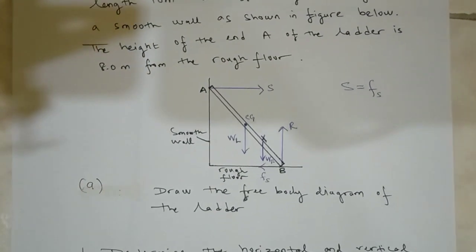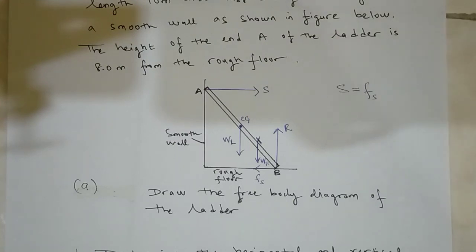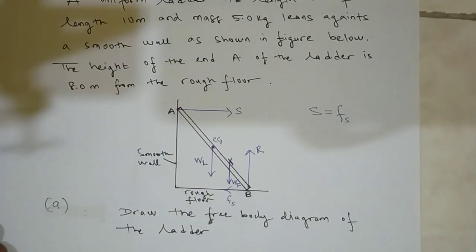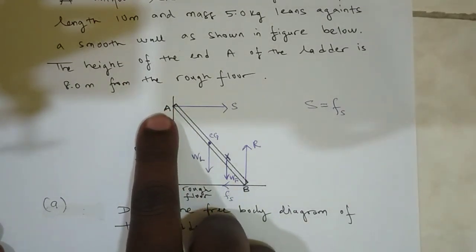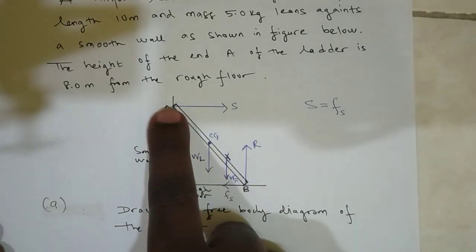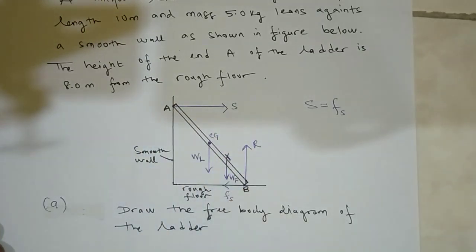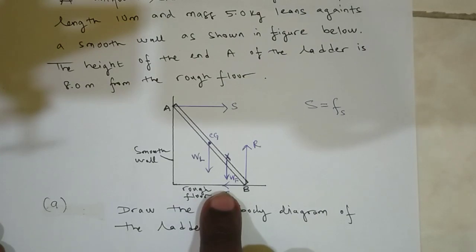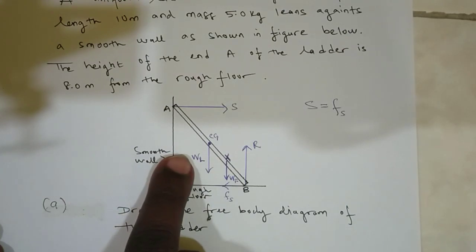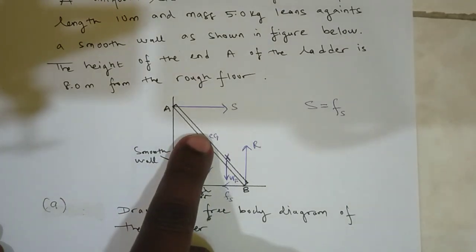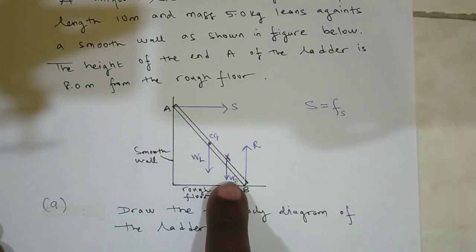A. Draw the free body diagram of the ladder. I already marked the two normal forces acting on A and B as S and R. Static frictional force acts on B to prevent the ladder from slipping off at point B. Weight of the ladder acts at the center of gravity, and the weight of the firefighter is on the ladder.